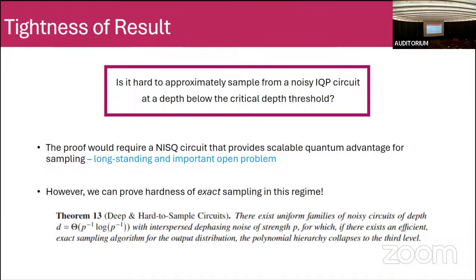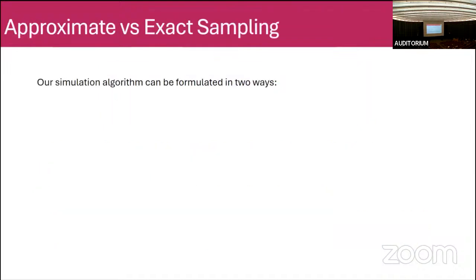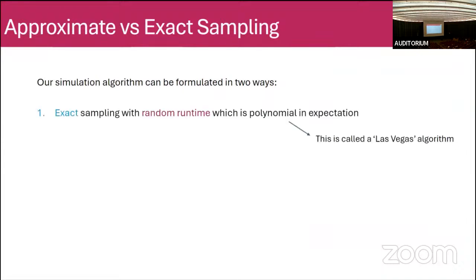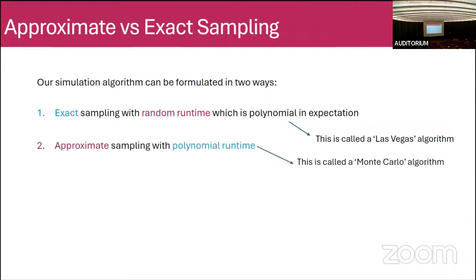You might be wondering, well, does your classical simulation algorithm do exact sampling? And it does. And this is because we can formulate our classical simulation algorithm in two ways. It's an exact sampler with a random runtime, which is polynomial in expectation. This is called a Las Vegas algorithm. And you could also alternatively formulate it as an approximate sampler with a polynomial runtime. This second one is what you've probably seen in the literature before for simulating noisy quantum circuits.